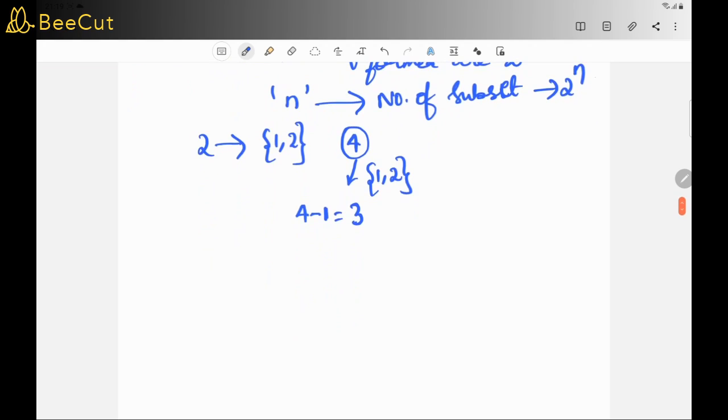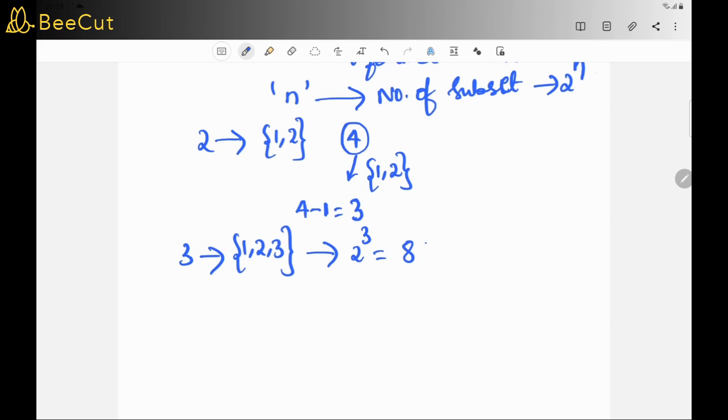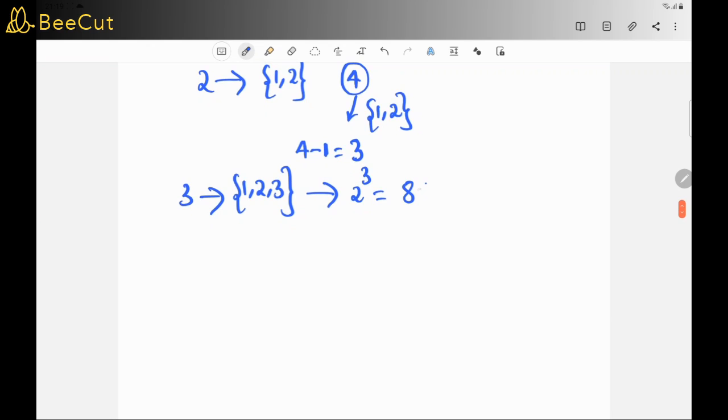Now if there are 3 elements in the set, assume that this is the set. The total number of subsets we would have had is 2 to the power 3. It is nothing but 8. So again in this 8, there will be these types of subsets: 1 followed by 2, 2 followed by 3, 1 comma 2 comma 3, that is the whole set itself.